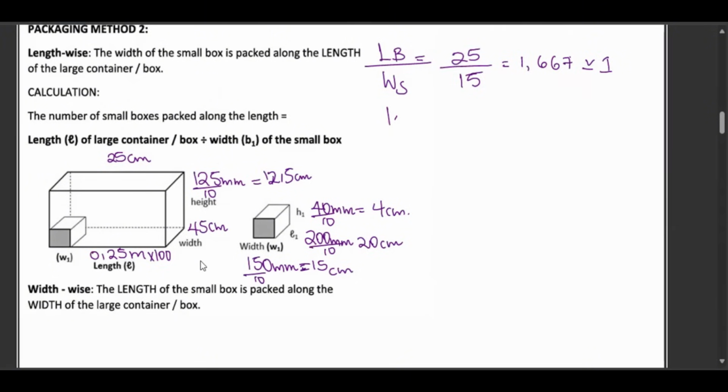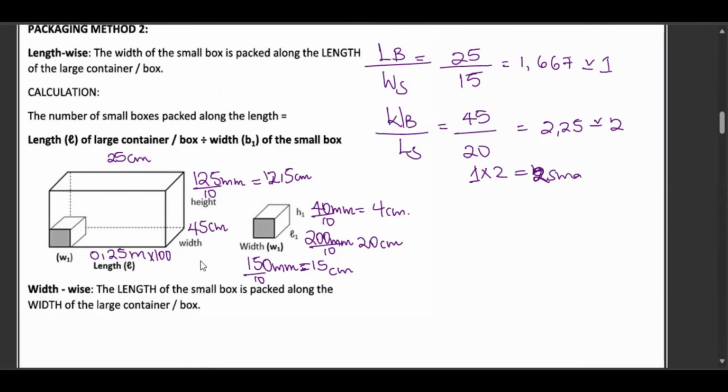So we shall say the width of the bigger box divided by the length of the smaller box, which is 45 divided by 20. So 45 divided by 20, you have 2.2. So this is approximately 2 boxes. So on the first floor only we have 1 times 2, so we have two smaller boxes.